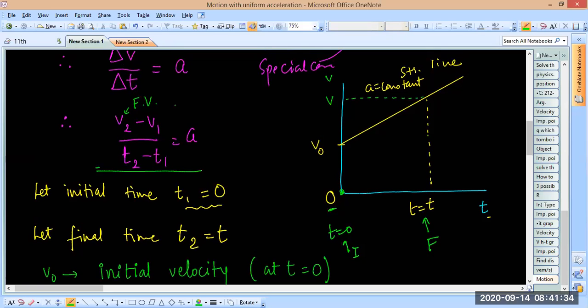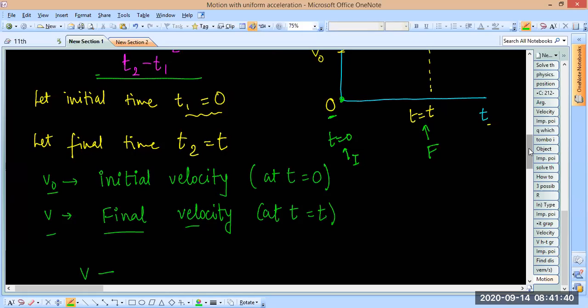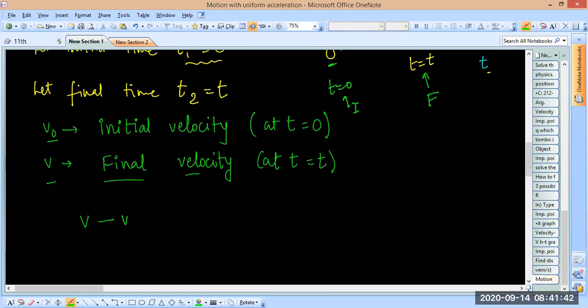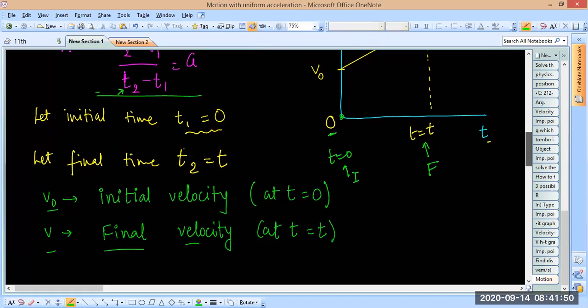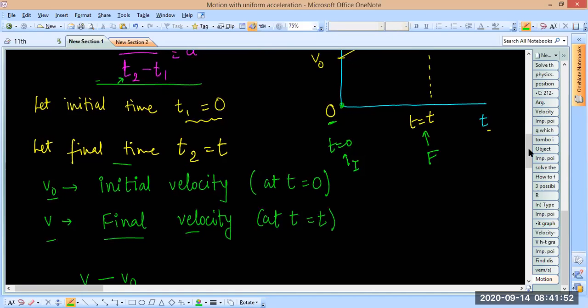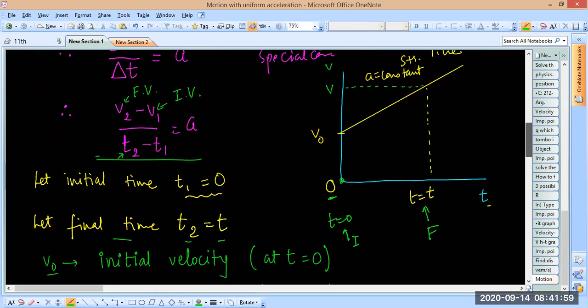V1 stands for initial velocity. So what is the initial velocity? V0, divided by T2. T2 for final time, t, minus t1, initial time, put it equal to 0.